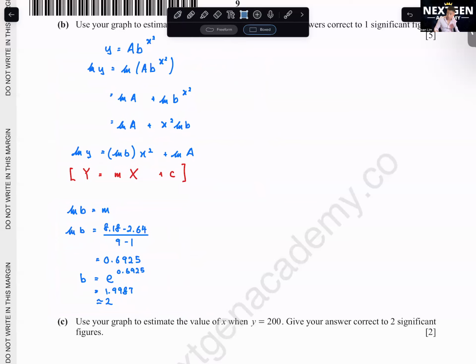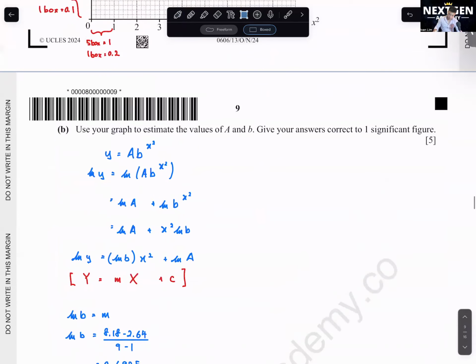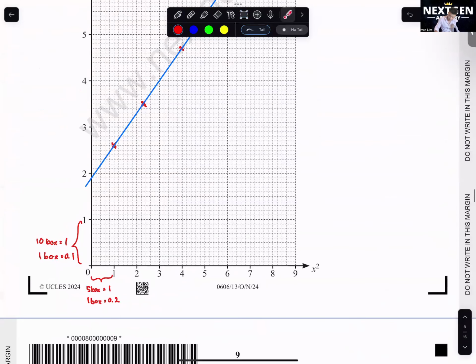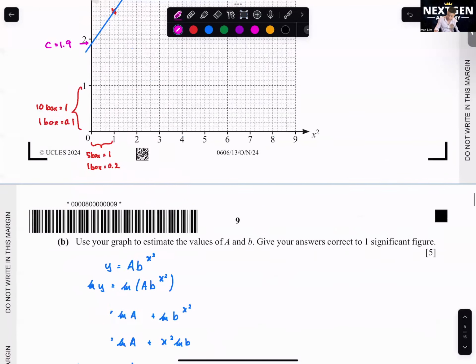ln A. According to my graph, you go back to your graph and see where is your point of intersection here. According to mine it is at 1.9. So C equals 1.9. You all just follow your own graph.